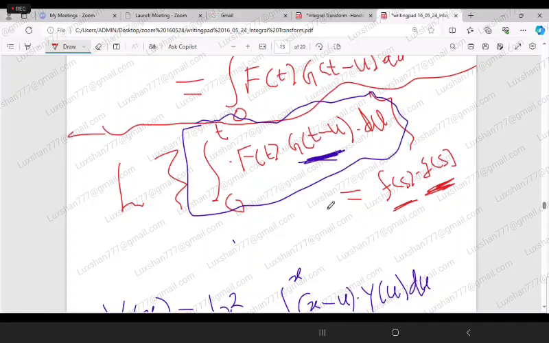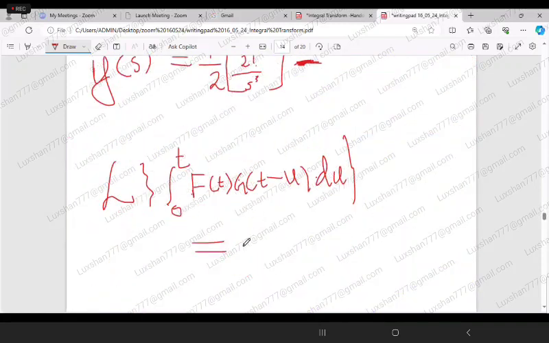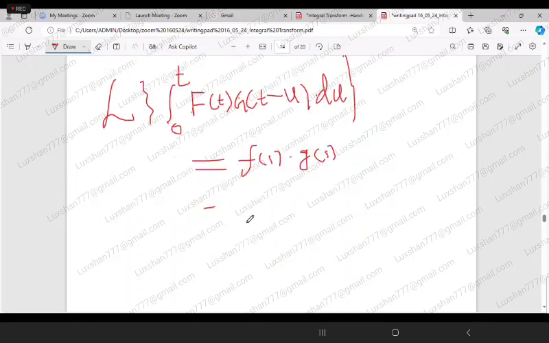So F(s) into G(s) is what? F(s) into G(s) means that is actually the Laplace transform of capital F(t) into the Laplace transform of capital G(t), isn't it?